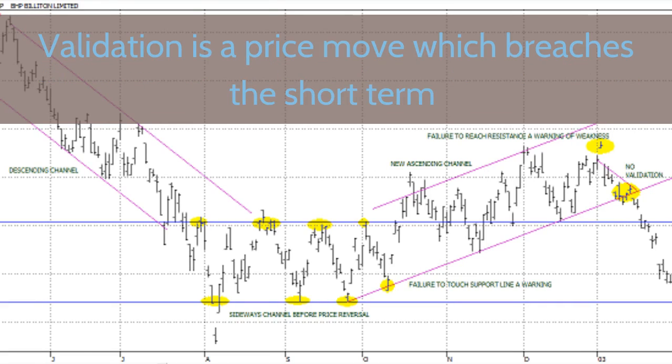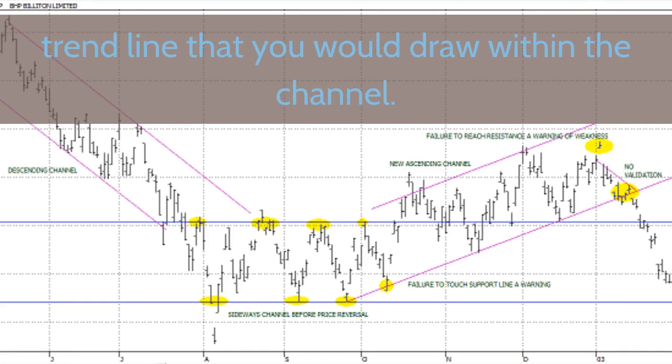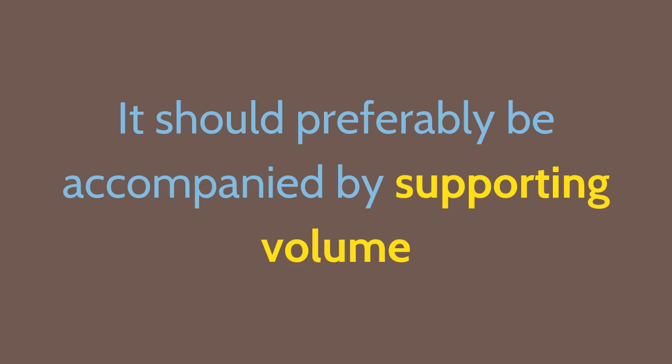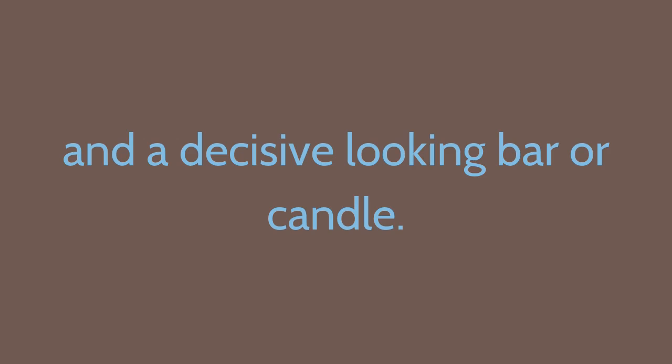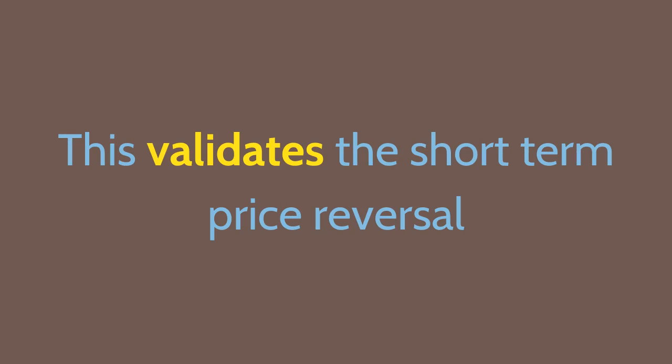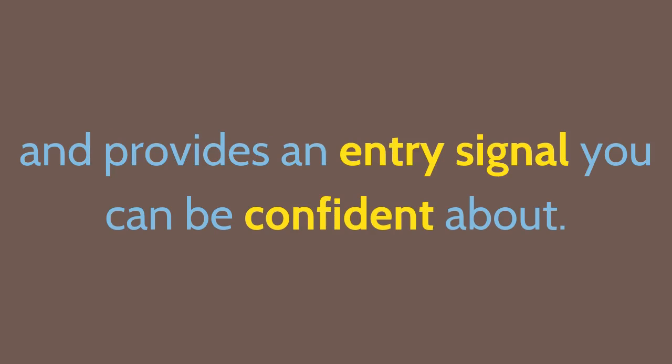Validation is a price move which breaches the short-term trend line that you would draw within the channel. It should preferably be accompanied by supporting volume and a decisive-looking bar or candle. This validates the short-term price reversal and provides an entry signal that you can be confident about.